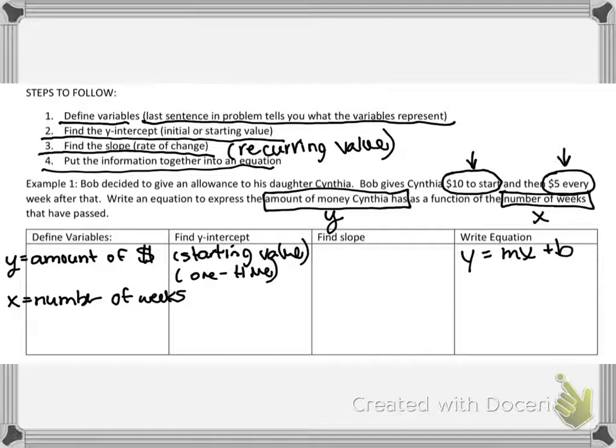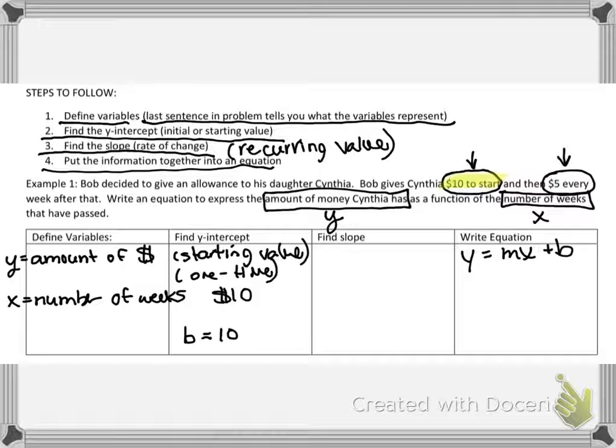So which one, $10 or $5, is a one-time value? Well, hopefully you said that the one-time value is $10. So at the beginning, Cynthia has $10, so that means the y-intercept of this equation is $10. She has $10 to start. He only gives her $10 once.